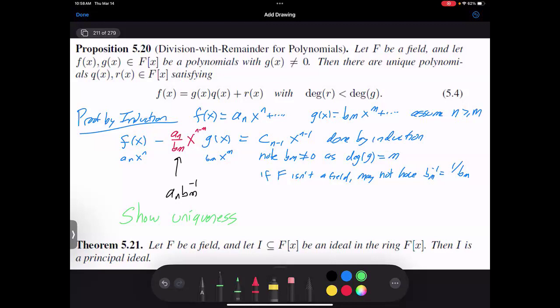Hopefully you can just look at it and see, okay, if I had two different things that worked and I would subtract them, what would happen if they had different remainders? And just play games like that. Okay, so the next is if F is a field and I is any ring that is contained in F adjoint X, the polynomials of finite degree with coefficients in F, then I is a principal ideal.